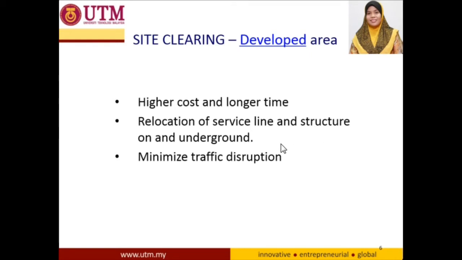So first is the relocation works of the utilities, such as the pipes and cables, and also structures such as buildings and pavement, where the detailed location and movement should be properly identified to avoid service disruption to the current users.